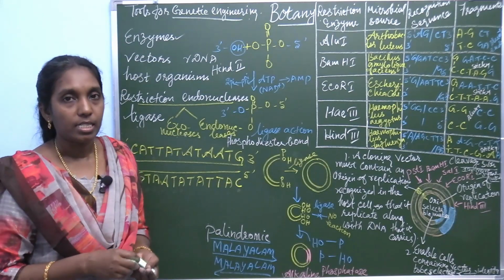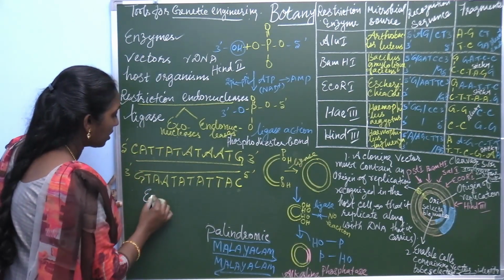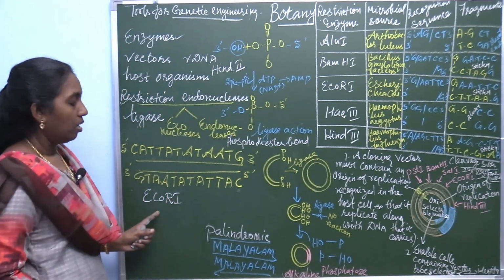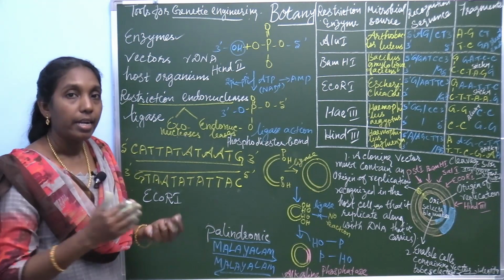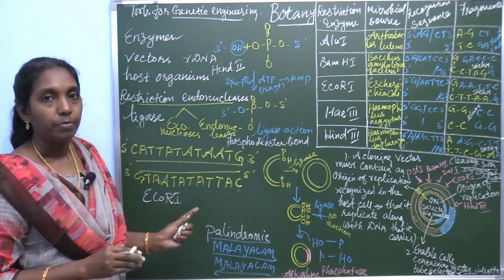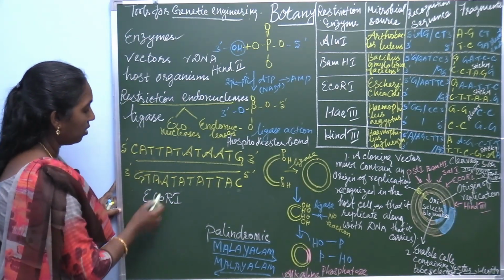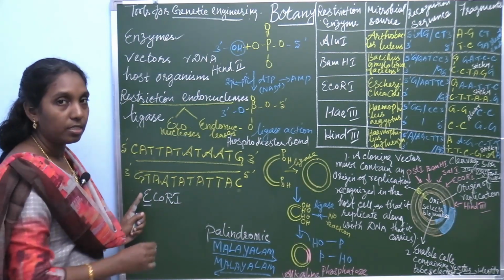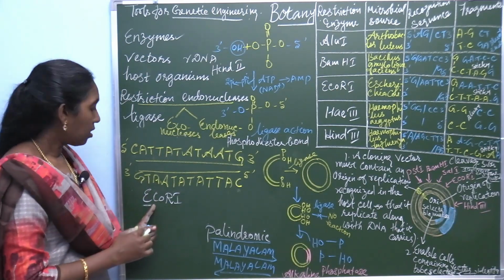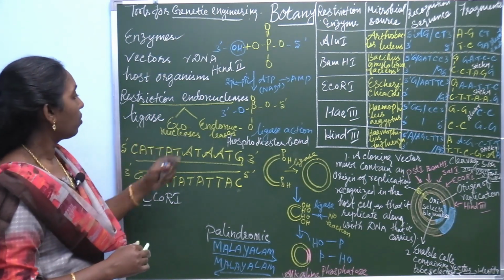One of the common restriction enzymes is EcoRI, from Escherichia coli. There is a specific manner to name it. The first letter, capital E, represents the genus, because EcoRI was isolated from Escherichia coli.